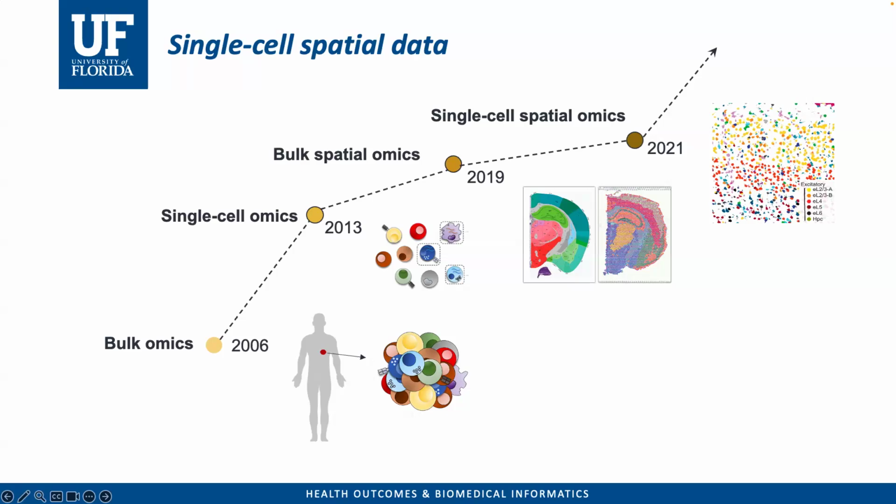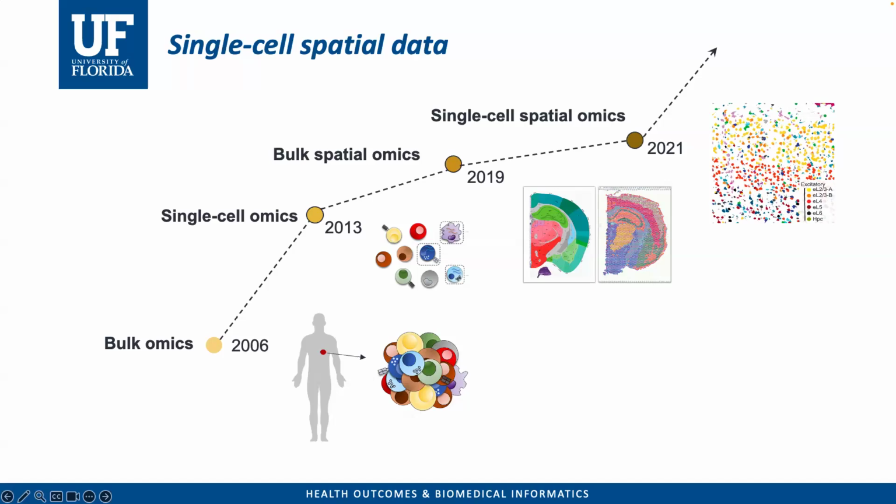Sometimes you are asked to do genetic screening to avoid specific diseases and for disease screening. So you have heard this word omics, I guess. Since 2006, bulk omics technology has become available. Researchers can take a tissue biospecimen from the patient and do the omics, so you get the omics profiles from the tissue. That is bulk tissue, which consists of multiple cells inside. It looks like this figure.